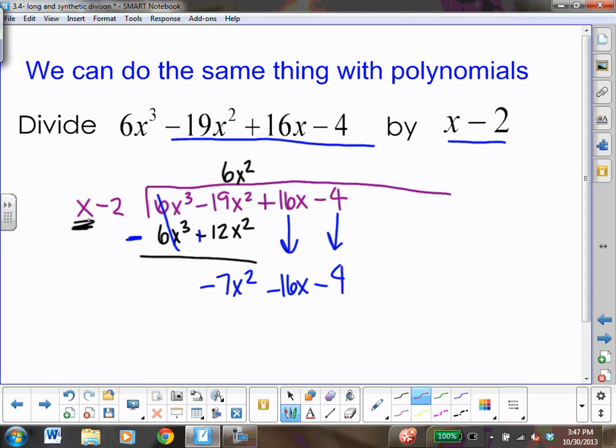So how many times does x go into negative 7x squared? X goes into negative 7x squared, negative 7x times. So negative 7x times x gives me negative 7x squared. And negative 7 times negative 2 is positive 14x.